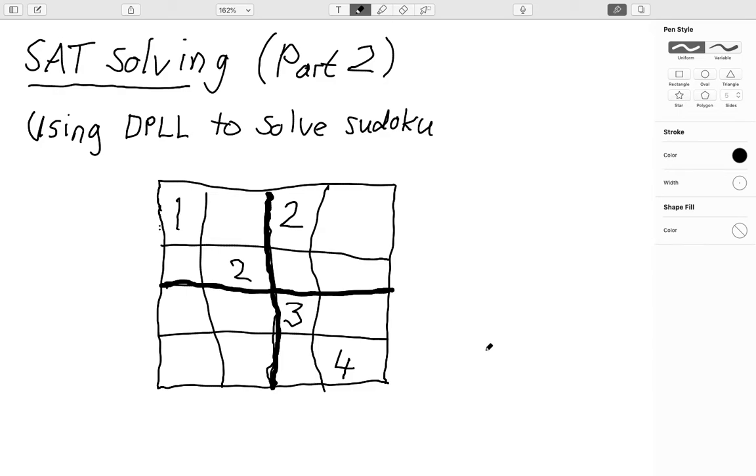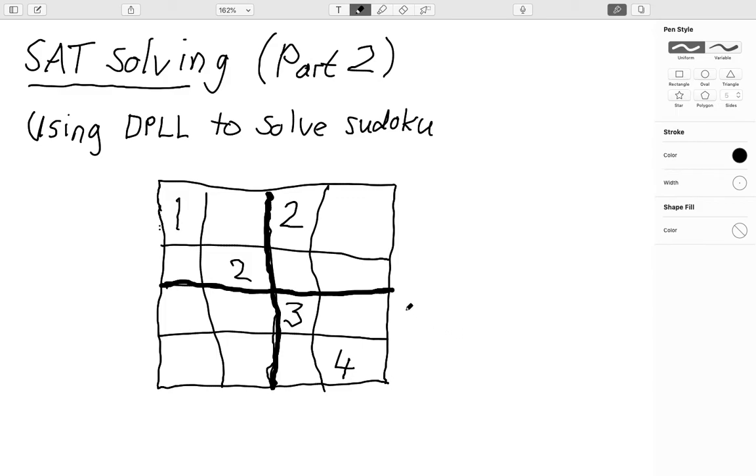But as those of you who have solved Sudoku puzzles in puzzle books will know, the kind of 9 by 9 puzzles you can get in puzzle books, well, they can have different difficulty levels, but the hardest ones can be very hard indeed. You don't get that much information, and it's quite hard to work out how to find the solution.